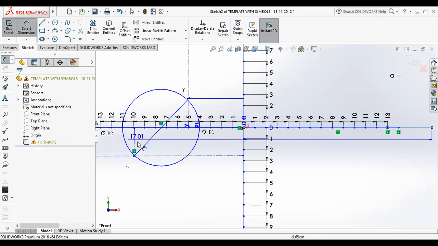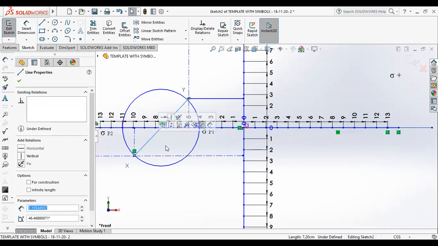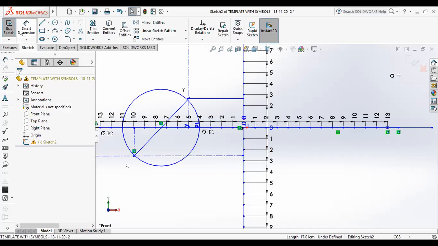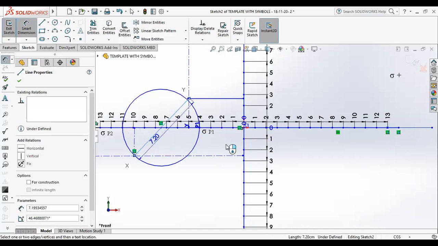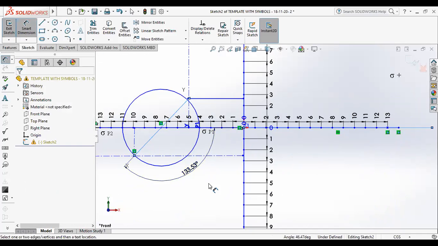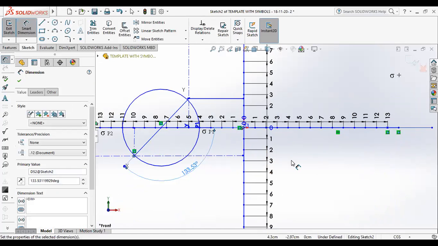I have to rotate my x face by what angle to get sigma p1. This angle comes to be around 133.5 degree.